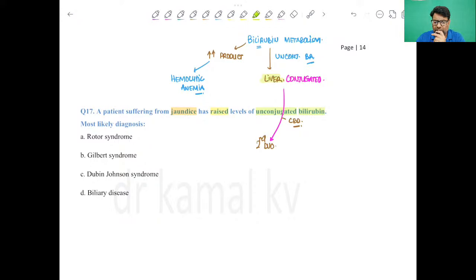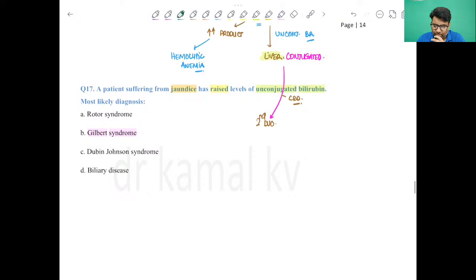So these are the two scenarios of unconjugated hyperbilirubinemia, and here it is Gilbert syndrome, right? Otherwise in other conditions we always get conjugated. So this is Gilbert syndrome.